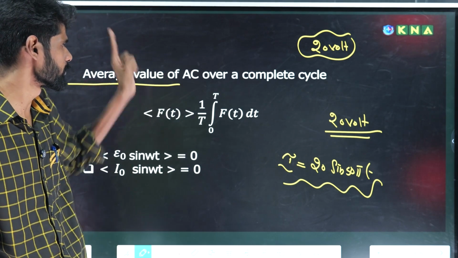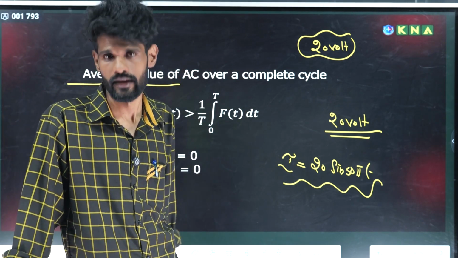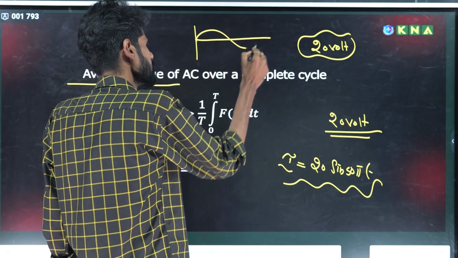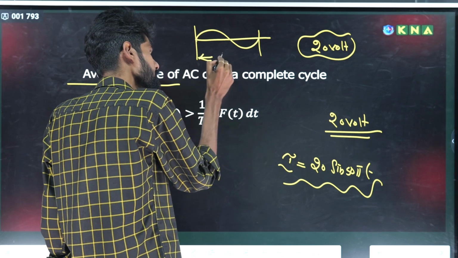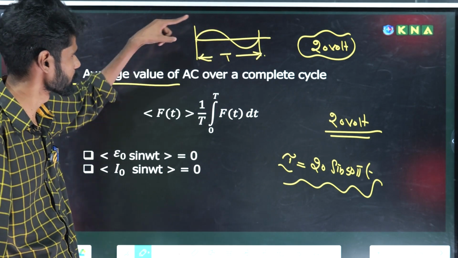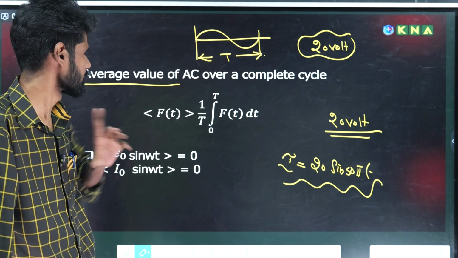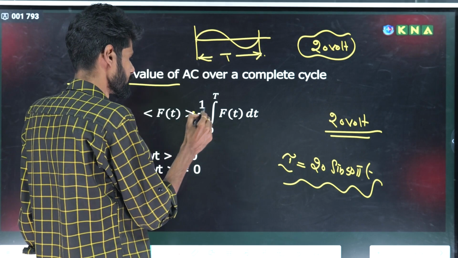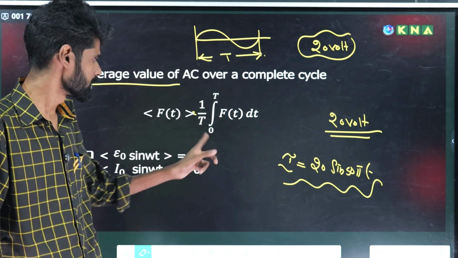So the average value of AC over a complete cycle. This is the full cycle. Complete cycle means that it constitutes one time period. The average value of f of t over one complete cycle is equal to 1 by T integral 0 to T f of t dt.